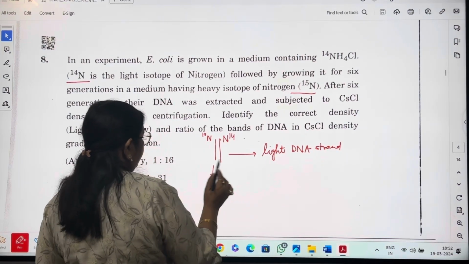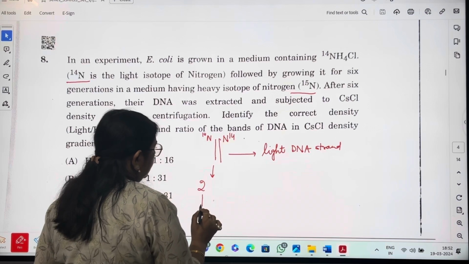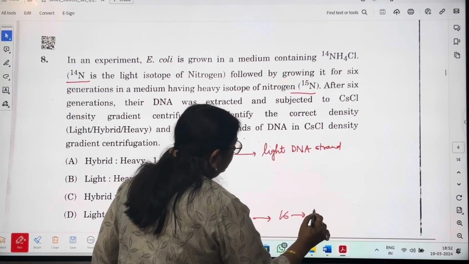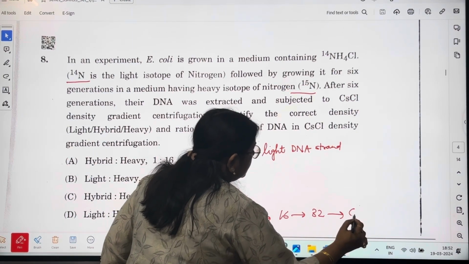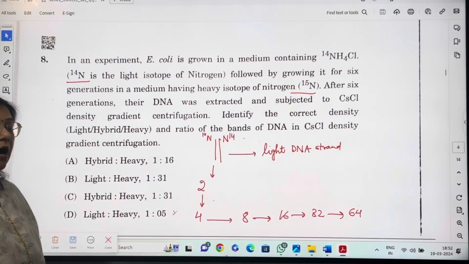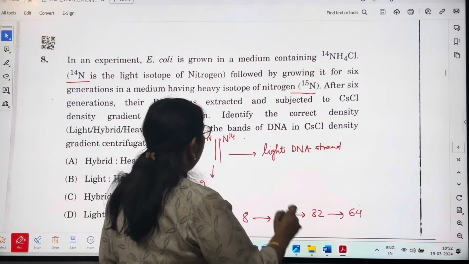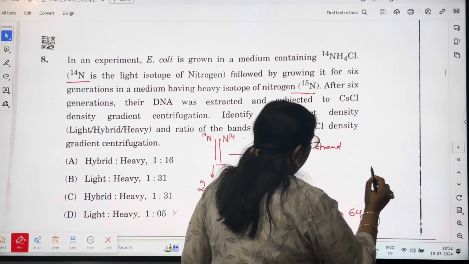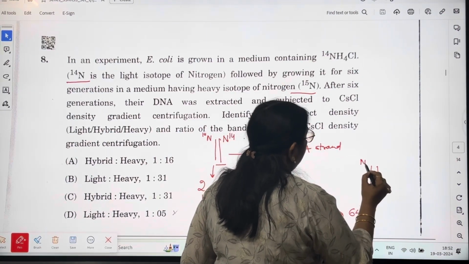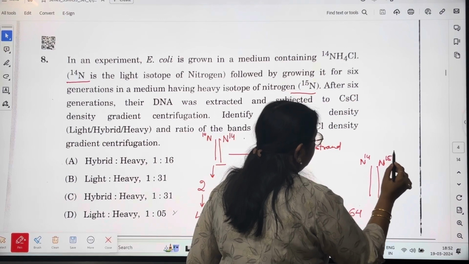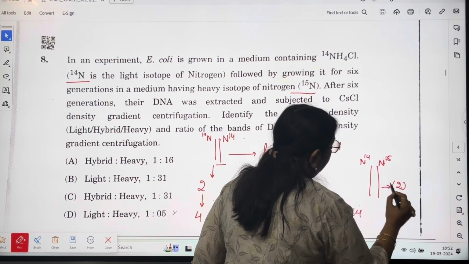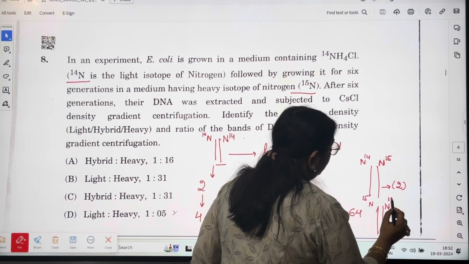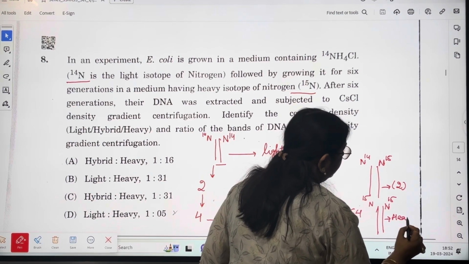After this parental DNA, there will be 2 strands formed. Then in the next generation, 4 strands, then 8, then 16, 32, and in the 6th generation, there will be 64 DNA strands. Out of these 64 strands, no strand will be N14 type, and there will be N14, N15 type strands, which will be only 2 in number, whereas other strands will be containing N15 type of nitrogen, and this one is heavy type.